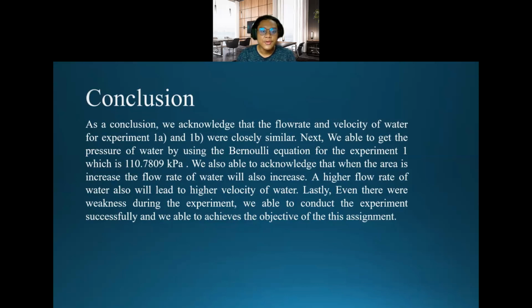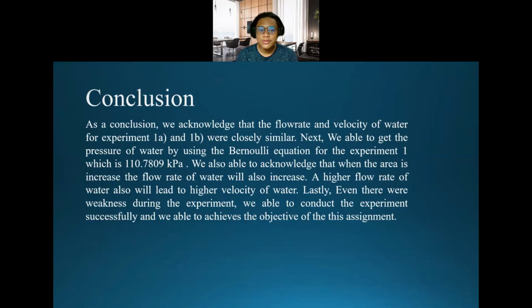As a conclusion, we acknowledge that the flow rate and velocity of water for experiment 1A and 1B were similar, close. Next, we are able to get the pressure of water using the Bernoulli equation from experiment 1, which is 110.7809 kilopascal.